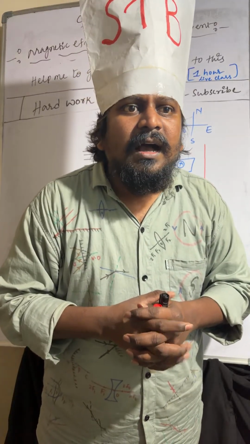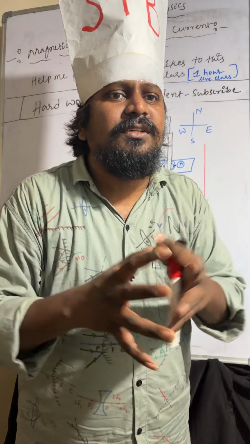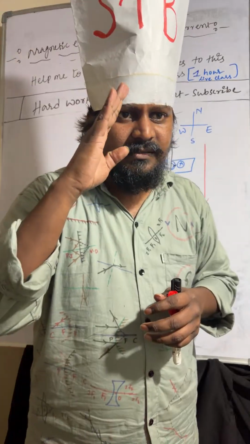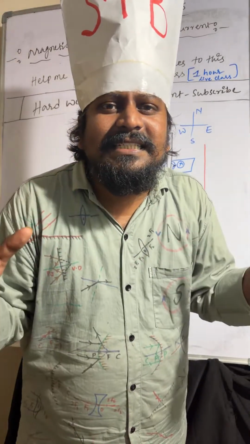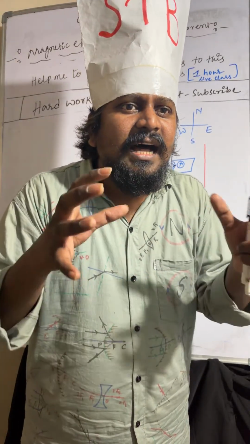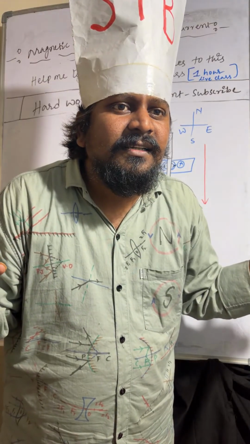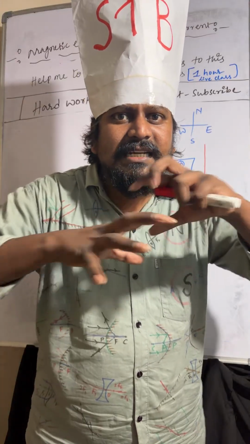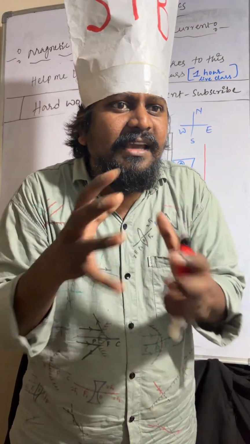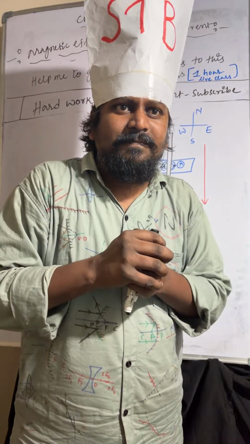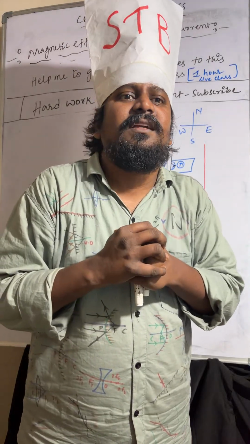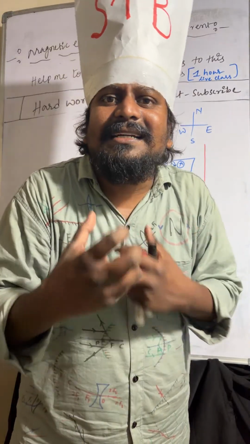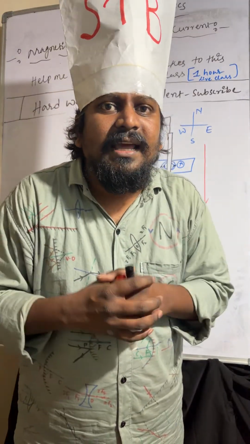Hans Christian Ørsted gave the relation between electricity and magnetism.